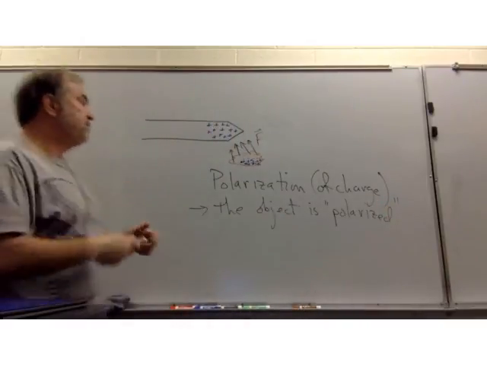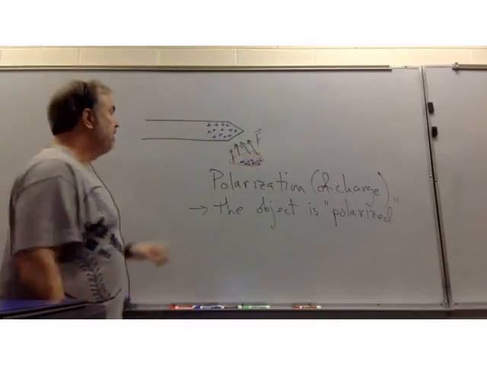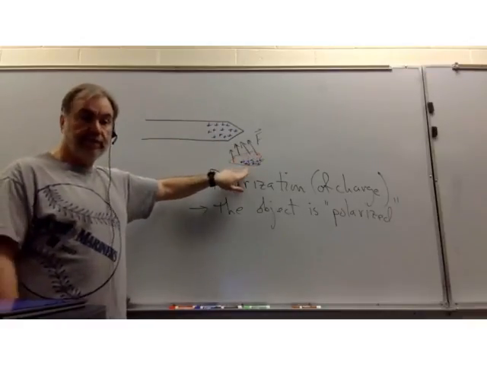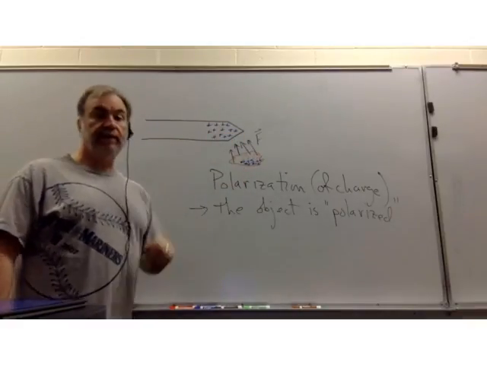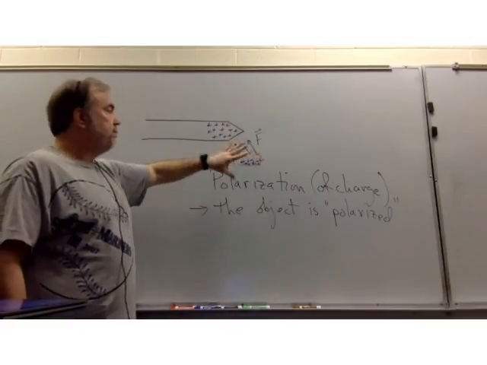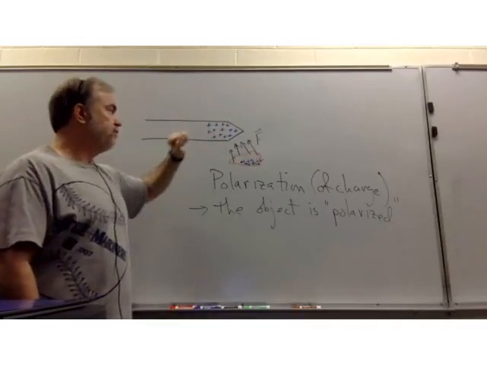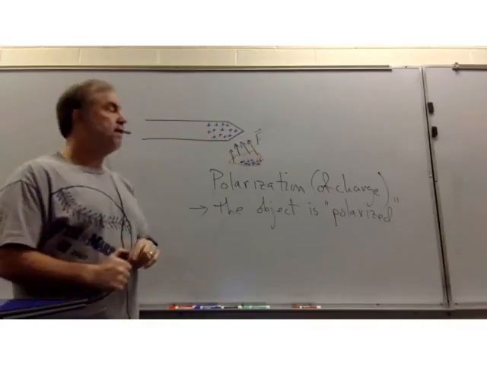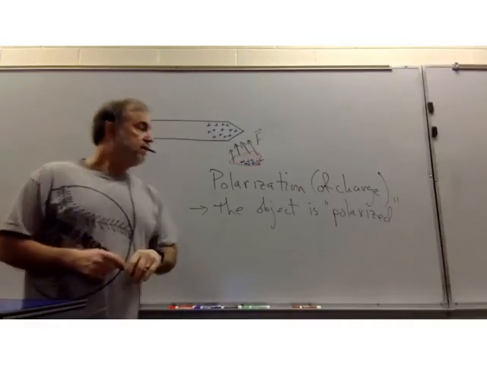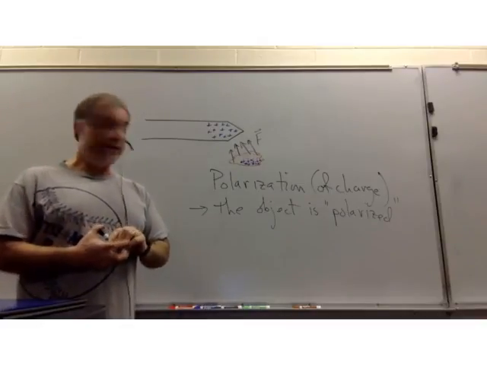So the shorthand version of this little discussion is that when the positively charged rod comes close to the electrically neutral piece of paper, it polarizes the piece of paper. That causes one part of the paper to be negatively charged and physically closer to the positively charged rod. The net force then becomes attractive and the paper jumps up in the air. All right, so that's the explanation for what happened.